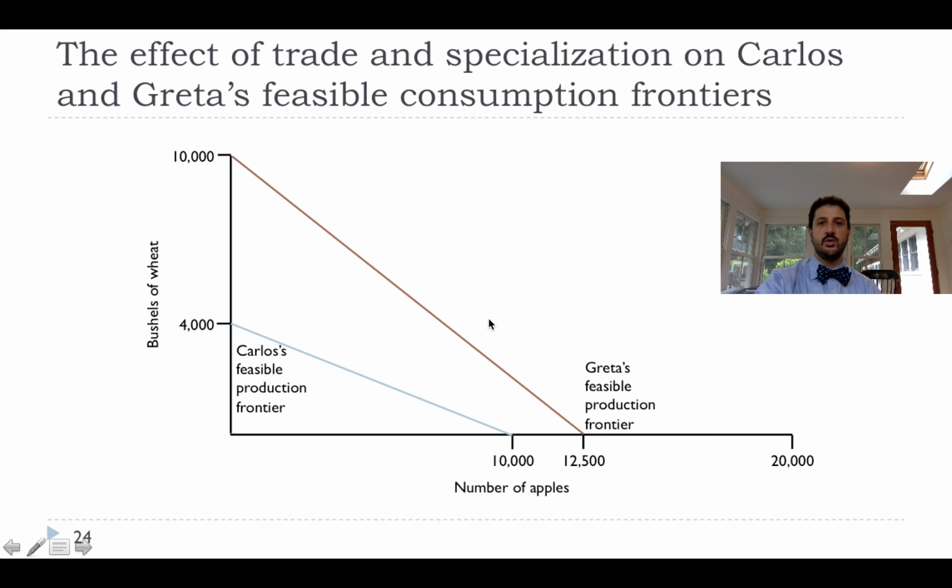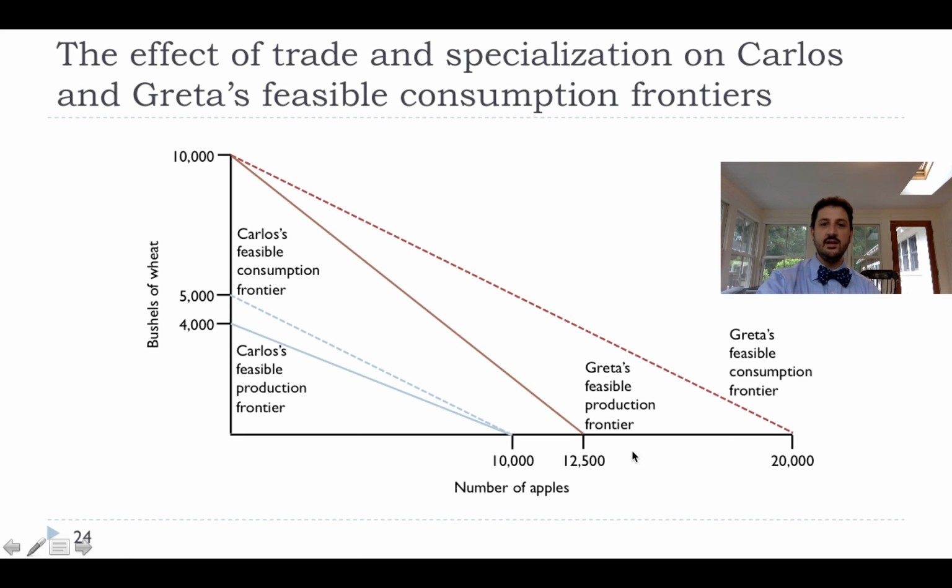So here we see their original feasible frontiers, right? Here's Carlos's feasible frontier, and here's Greta's feasible frontier. But now if they trade, they can actually increase their consumption frontier, right? If Greta produces all wheat, then she can produce 10,000 and then trade it for Carlos's apples.